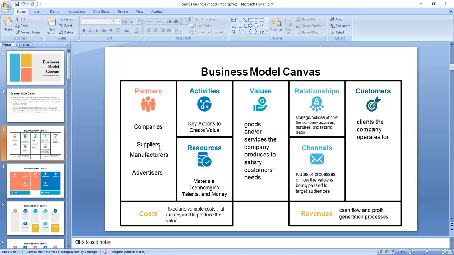I like to use the word sell. They are the ones selling the product to the target customer, or to a particular segment of society. So, partners. When we speak of partners, they need not be persons. They can even be companies.